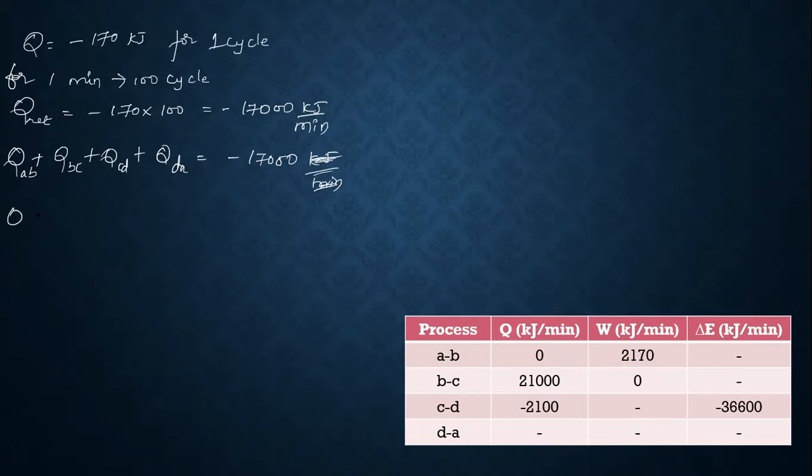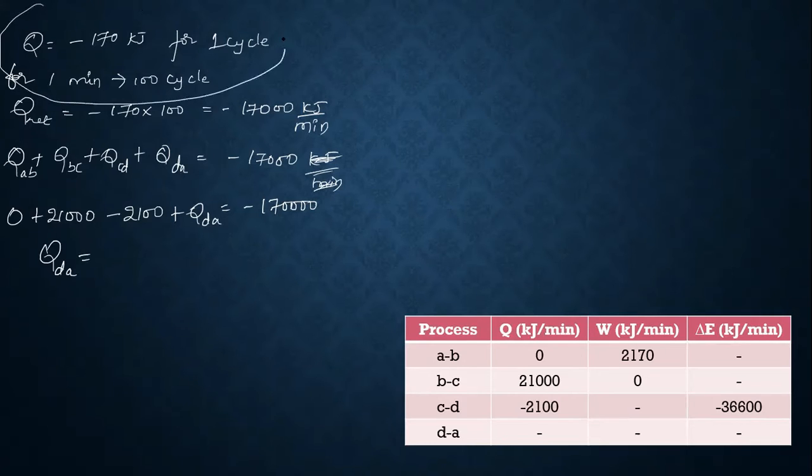Q AB is 0, plus Q BC is 21,000, Q CD is minus 2,100, plus Q DA, the unknown term, equals minus 170 into 100. Therefore, the only unknown term is Q DA. Make a note of this: I made an error here by taking 170, but 170 is for one cycle.